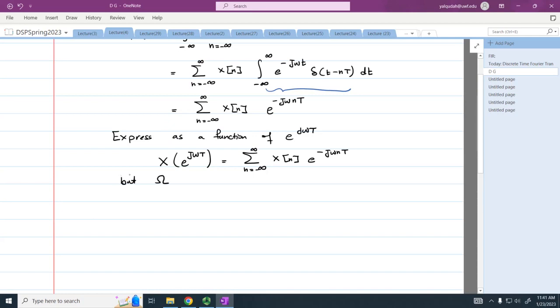What was the discrete time frequency omega equal to? Omega multiplied by T.